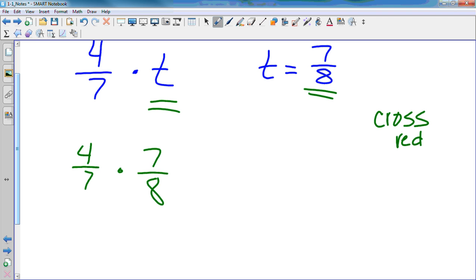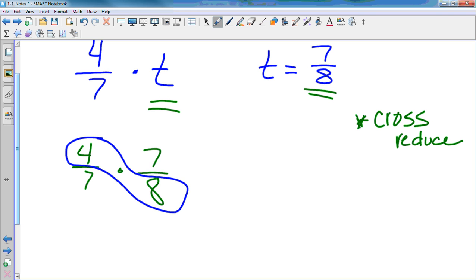I call it cross reduce. That means, before we multiply, can you simplify 4 and 8? What are they both divisible by? 2, and they're also divisible by something higher. They're both divisible by 4.